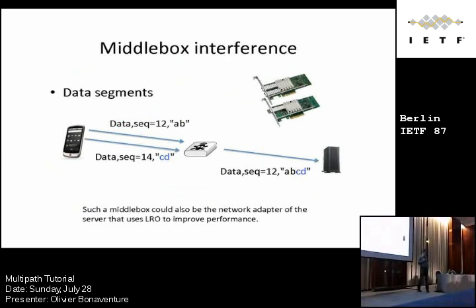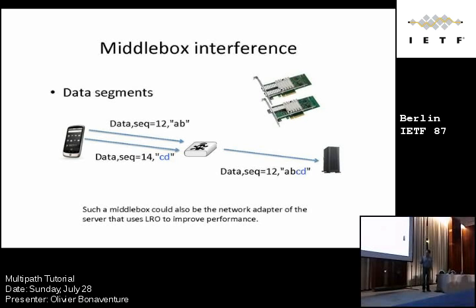What could go wrong if I send my data acknowledgement and my data sequence numbers inside TCP options? Well, when you send data over any path through the internet, you might get options that are added, removed, or modified in the TCP segments that you send, but you might get some other types of interference.